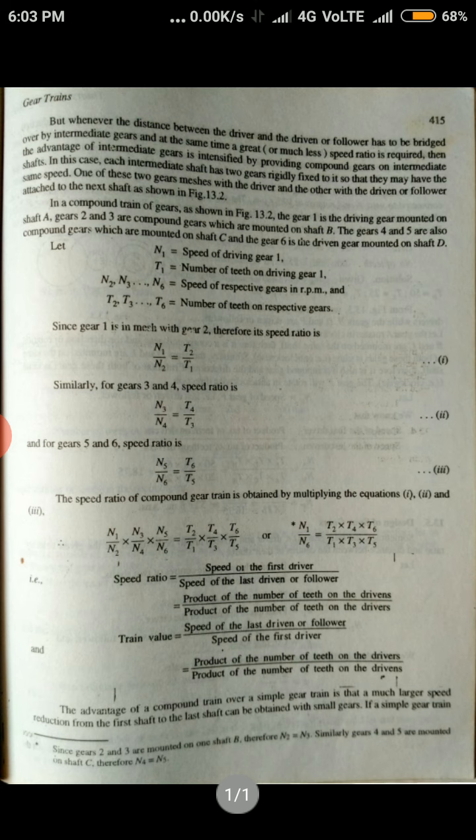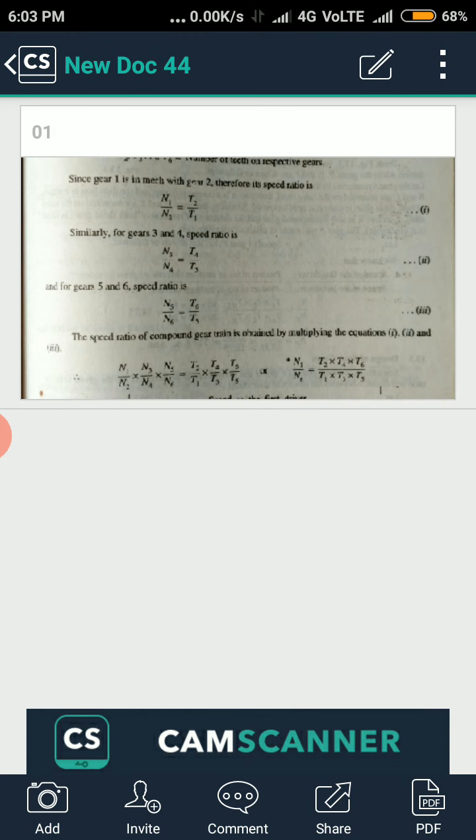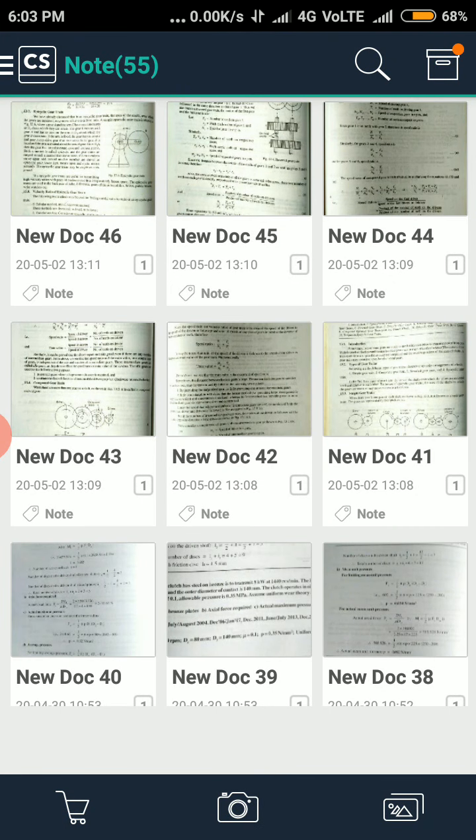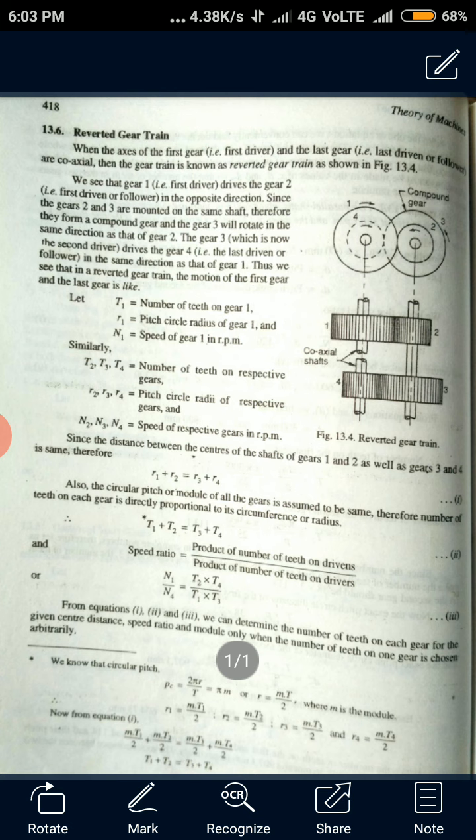Next we'll go for the third classification of the gear train. That is called a reverted gear train. When the axis of the driver, that is the first gear, and the last gear, that is the follower, are coaxial, then the gear train is known as a reverted gear train.